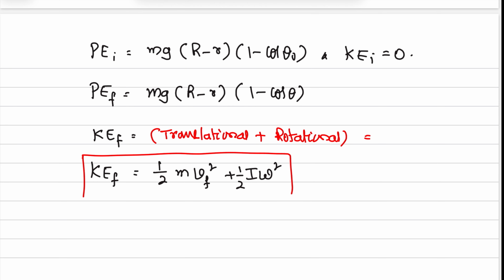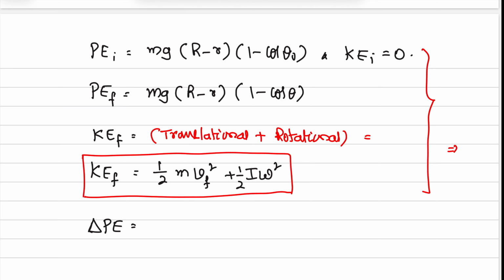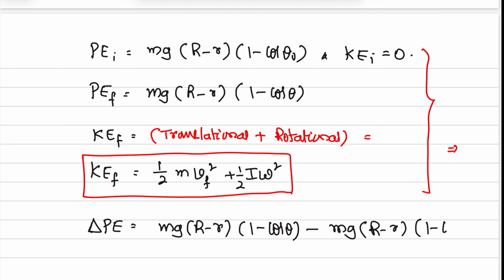And delta PE, change in potential energy, is equal to mg into (R minus r) into (1 minus cos theta) final minus initial, mg into (R minus r) into (1 minus cos theta naught).